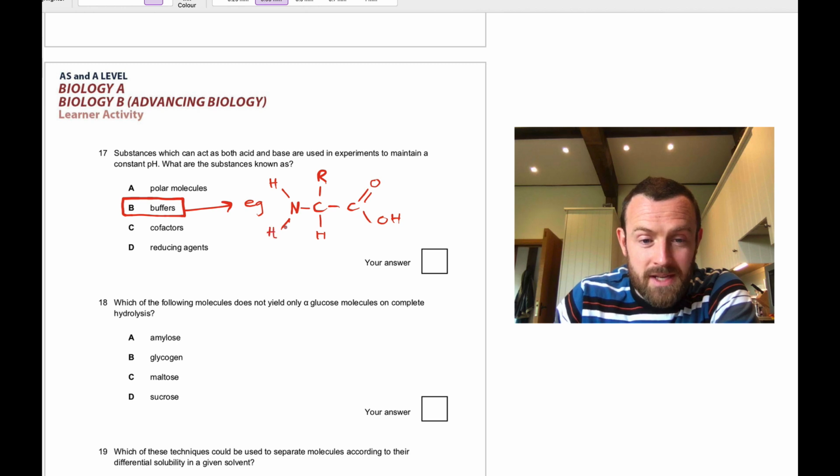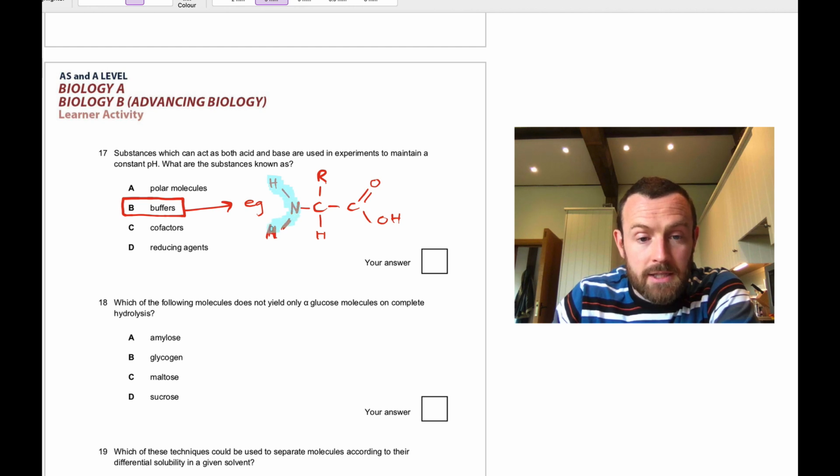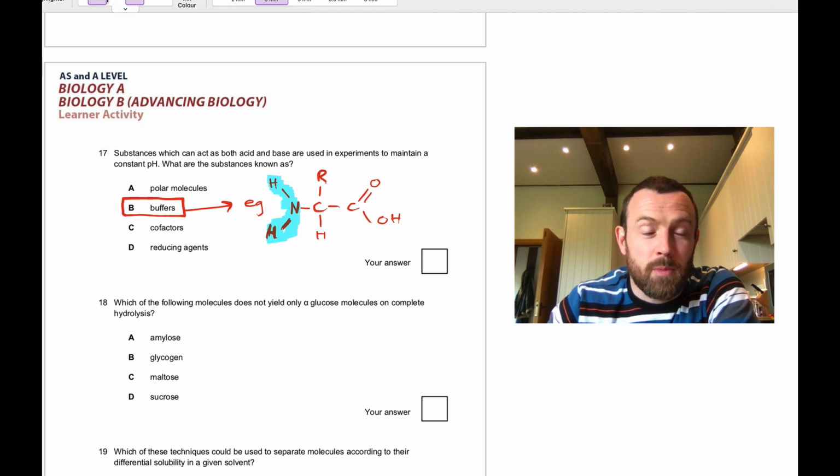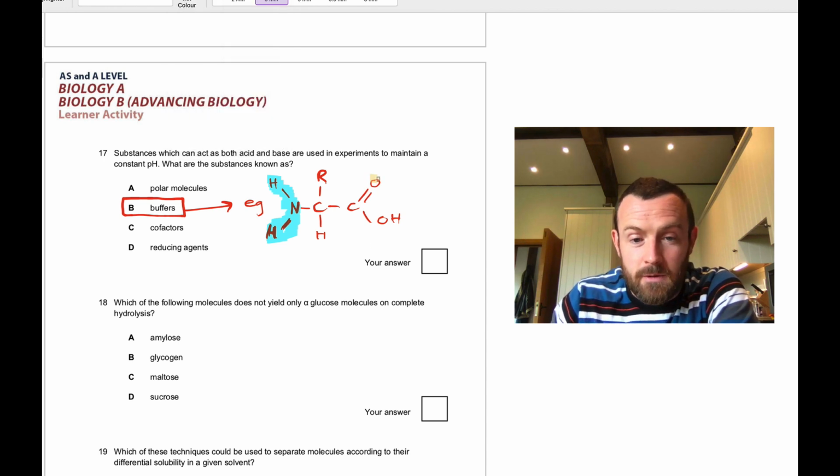And remember, an amino acid can act as a buffer because the amine group, let's highlight that in bluish, which is this group here, can act as a base. And on the opposite side, let's highlight in an orangey color, this carboxylic acid group can act as an acid.